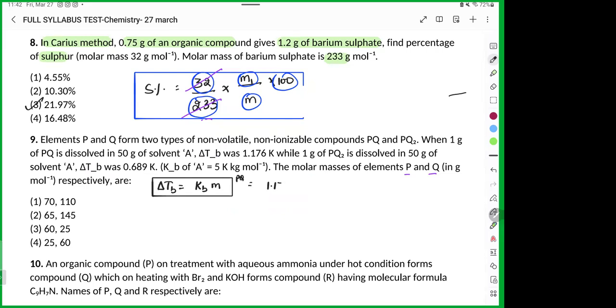Delta T 1.176 is equal to Kb value 5 multiplied by molarity. The molarity formula is given mass 1, molar mass, let's say PQ, times 1000, mass of the solvent 10. So PQ will be equal to 100 divided by 1.176.